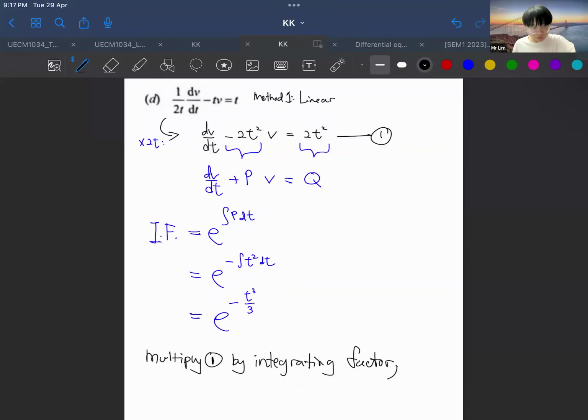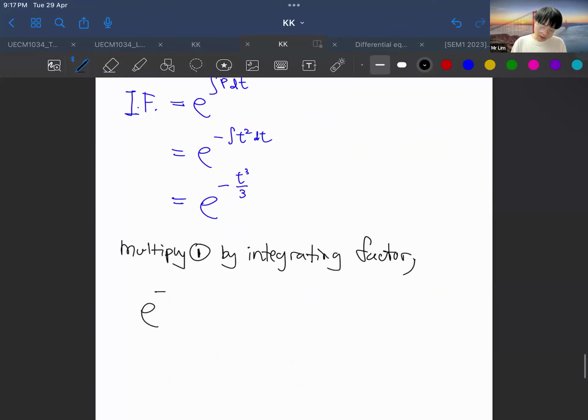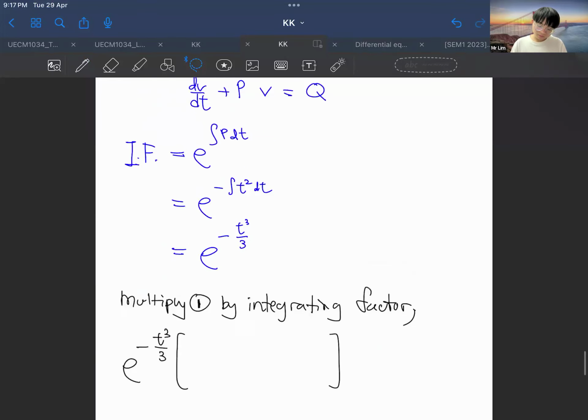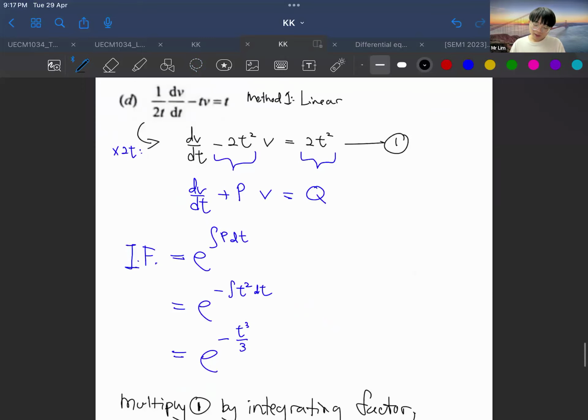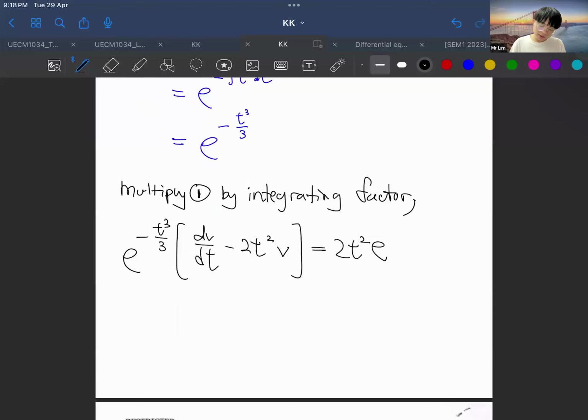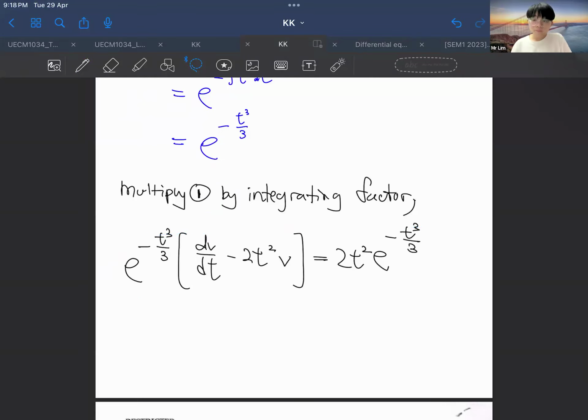You can basically multiply each term by e to the negative t cubed over 3, no problem. For the left-hand side, it's a bit longer, but I just need to put what I have, minus 2t squared v. Because we multiply on both sides, here you have a 2t squared e to the negative t cubed over 3. So that's what I have.